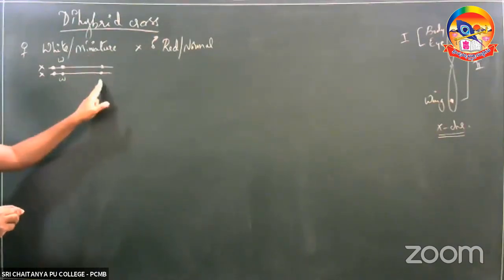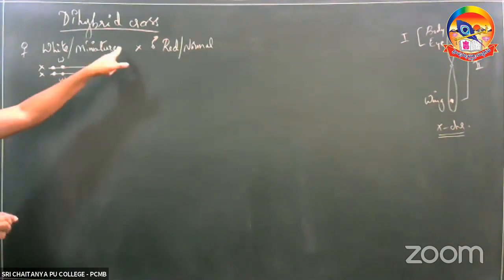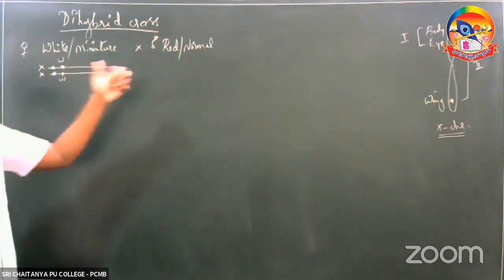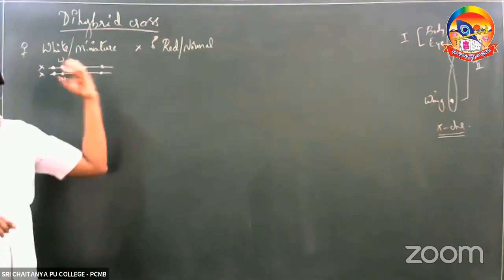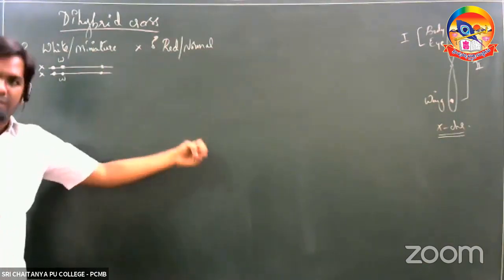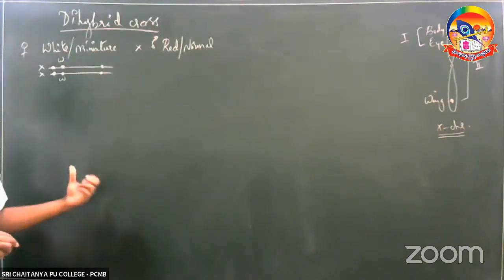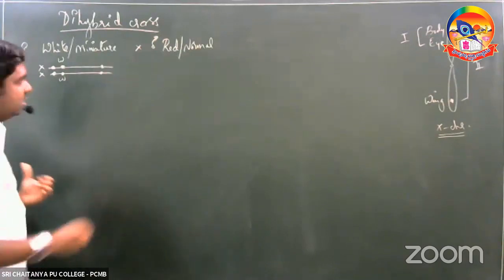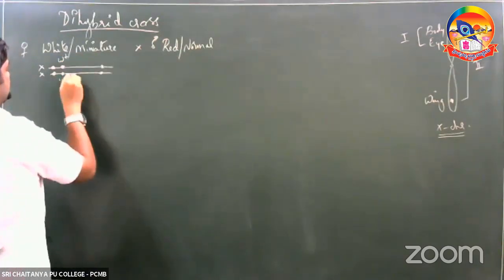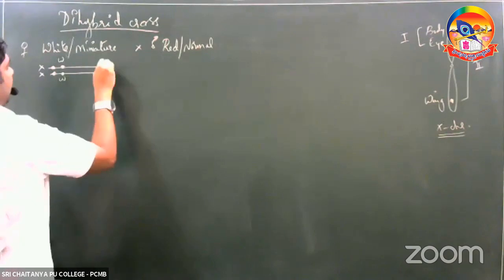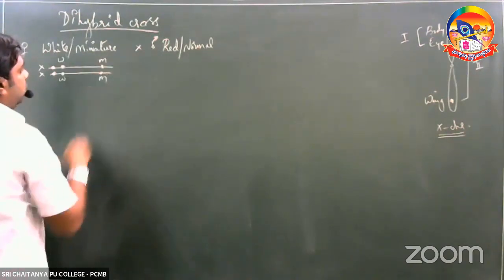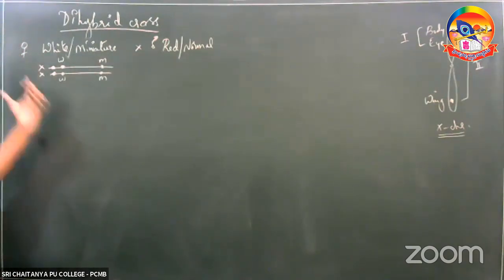Now talking about wing size, we are talking about miniature wings. We know that miniature wings are nothing but short wings, and that miniature wing is a recessive trait again. Since it is a recessive trait, how did we denote the recessive trait? By using m, right? So this is how we denote a recessive trait.